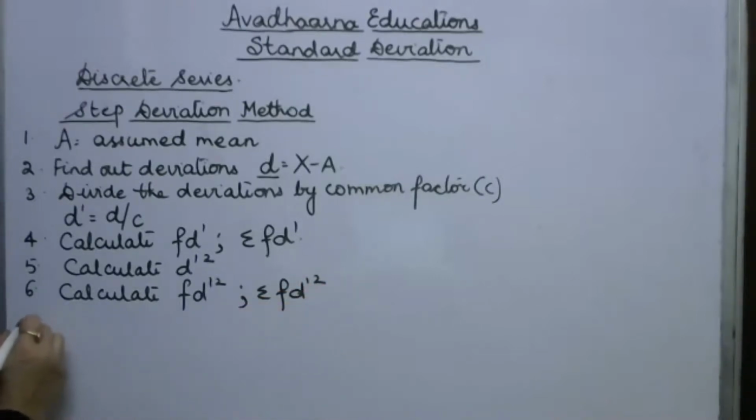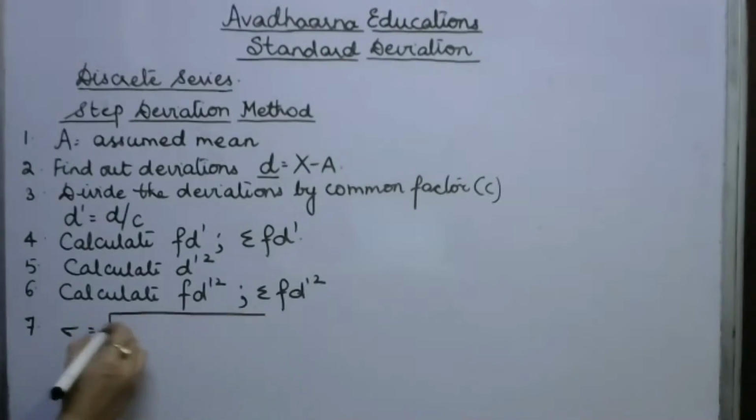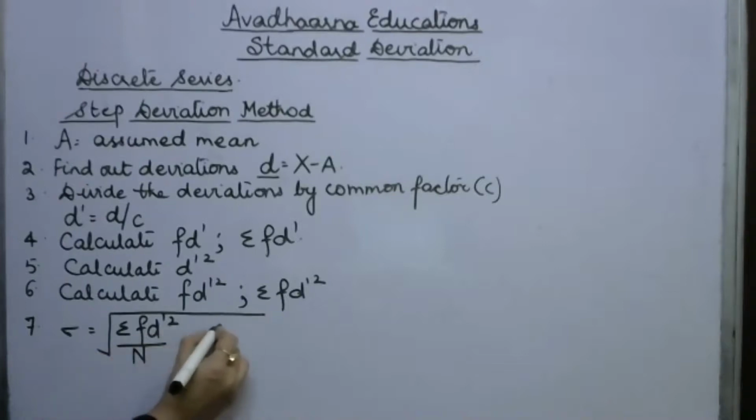And finally, we'll apply the formula for calculating the standard deviation by step deviation method. The formula for calculating standard deviation is square root of summation fd dash square over n minus summation fd dash over n whole square.